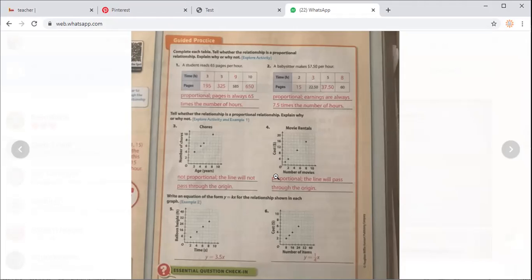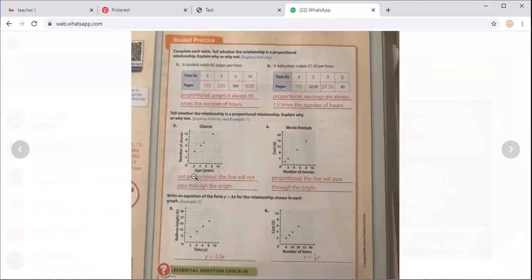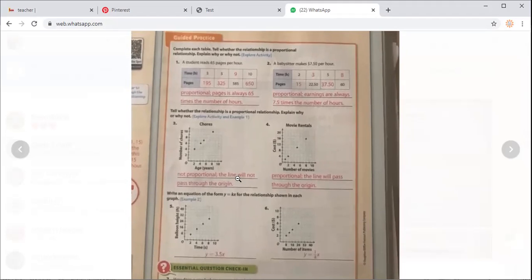From the table, you can decide if this one is proportional or non-proportional. Grade 7, how will you say that this one represents proportional or non-proportional? Look at the first one. It doesn't pass through 0, so it is not proportional.